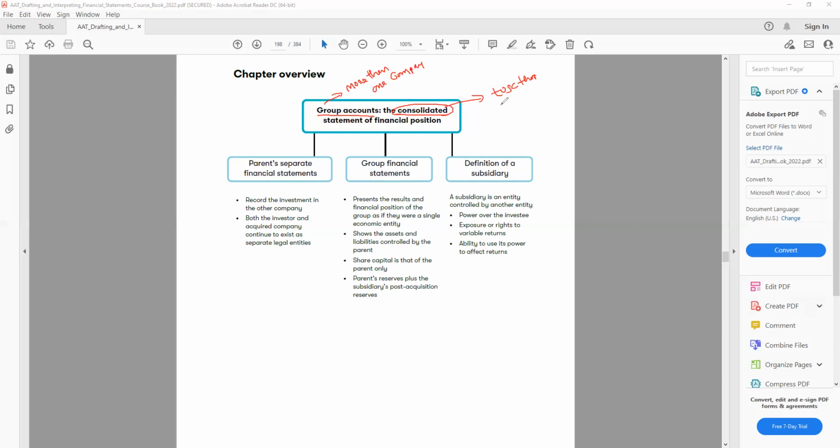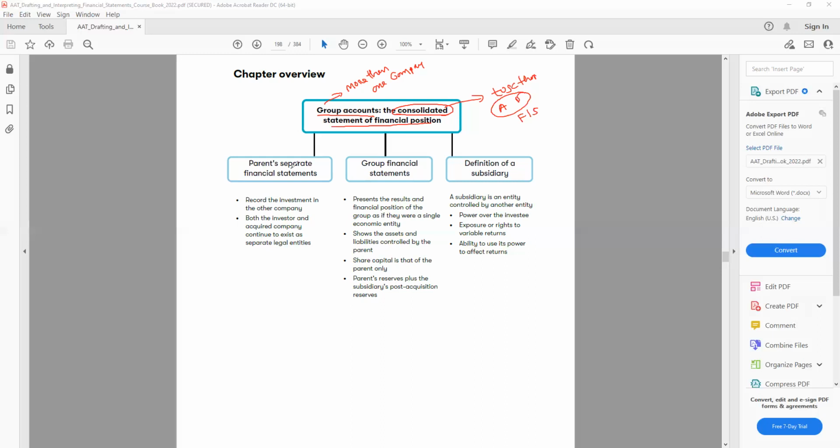For example, if you have companies A and B, and these two companies together prepare one financial statement, we call it group accounts. Now, on the financial position, we have to find out how much is the total asset and how much is the total equity and liability.